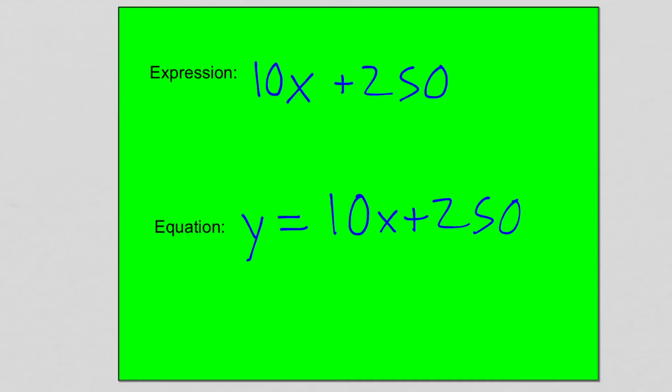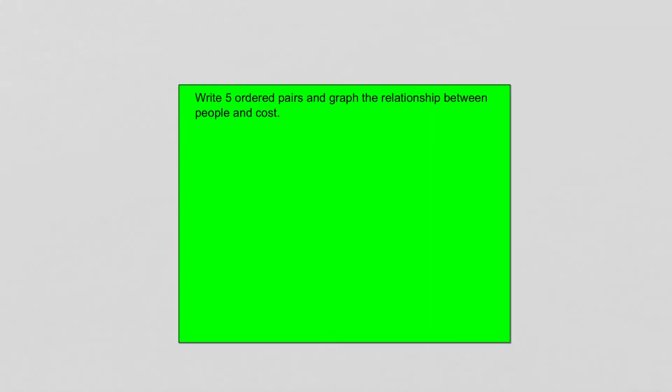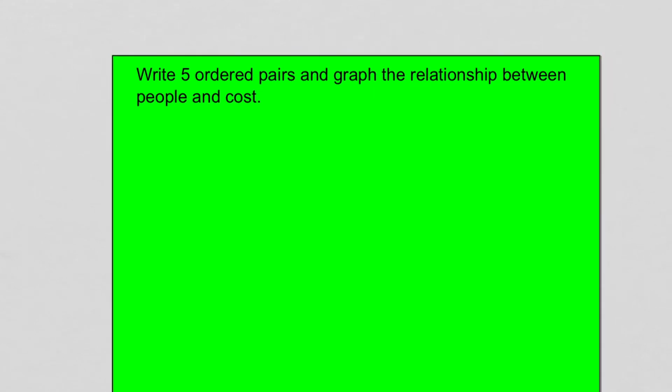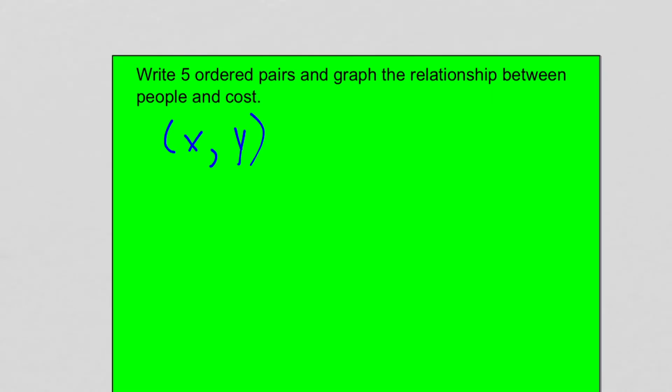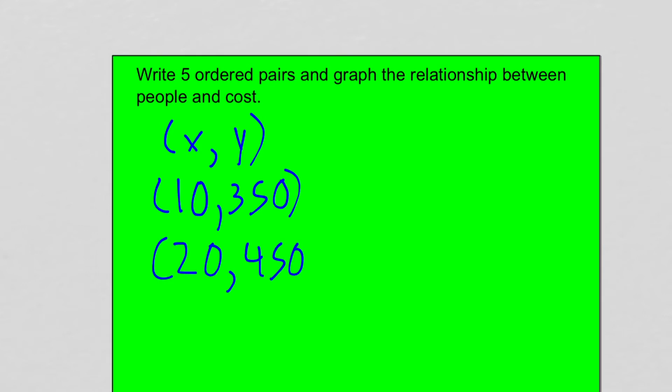Now, the next thing we want to do is graph this. So getting x and y values. So x and y. And we get these points right from the table. So the points are 10, 350. And 20 people, $450.